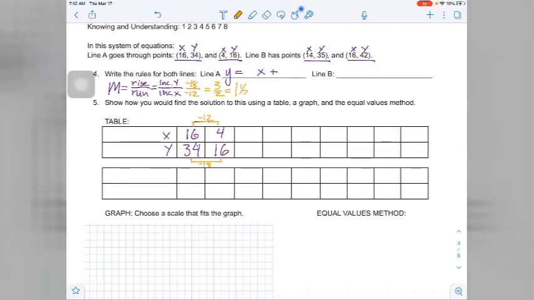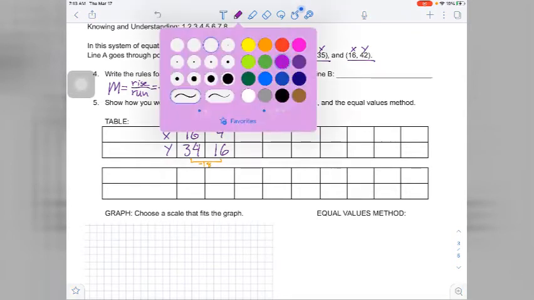Any one of those will work. I'm going to put in 3 halves here, because I like to think about it in terms of rise over run. It makes it easier for me to graph.